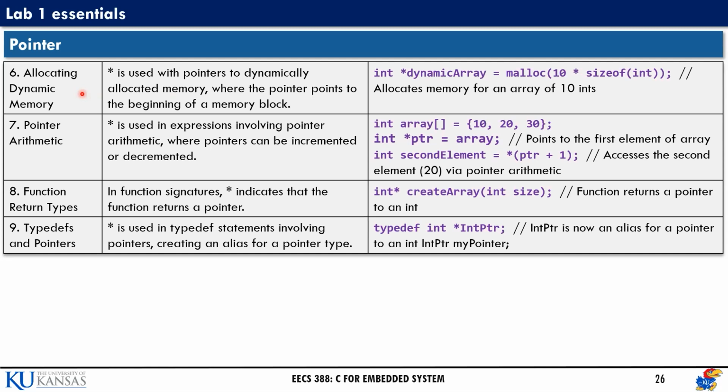And for instance, when reading data of unknown size from a file or the user, you can allocate the memory as needed by using this dynamic memory allocation technique. Also, the dynamic memory allocation technique is helpful for efficient memory use.